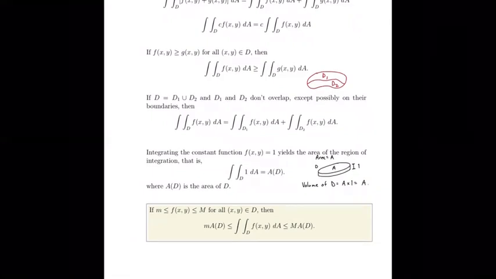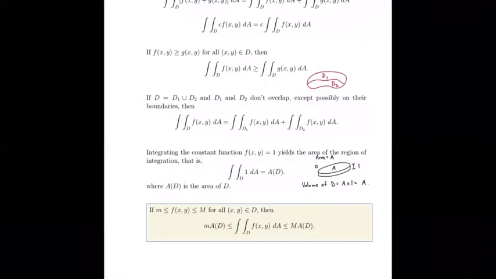Then lastly, if a function f of x, y, of two variables, is bounded below by lowercase m and above by capital M for all ordered pairs x, y in D, then using that area of D from above, the double integral of the function is greater than or equal to lowercase m times the area of D, and less than or equal to capital M times the area of D. This should look familiar.